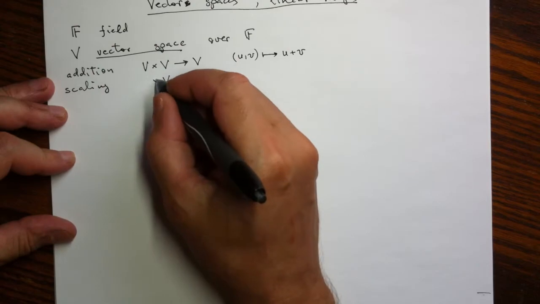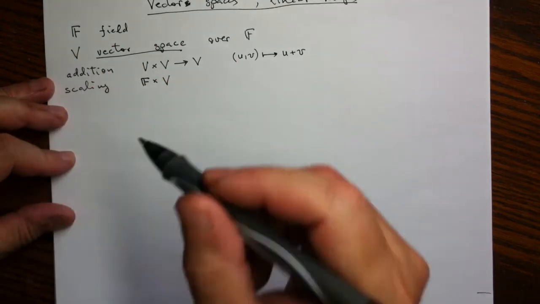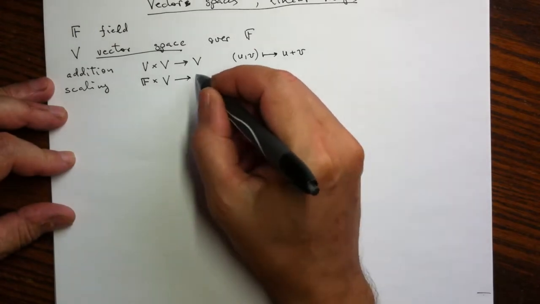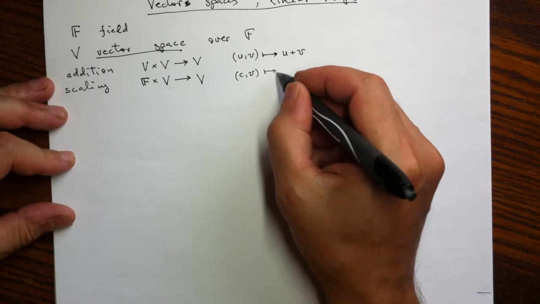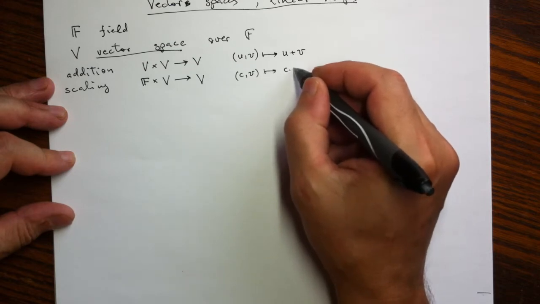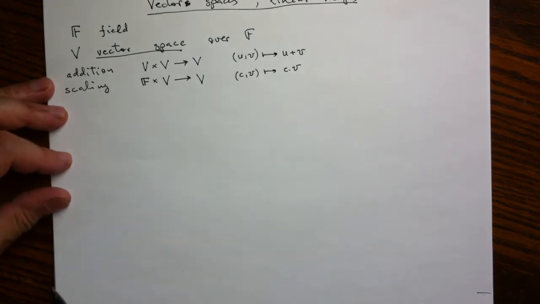This time it's a binary operation, but the first argument is from our ground field. This operation is usually denoted by a scalar c multiplied by a vector v.